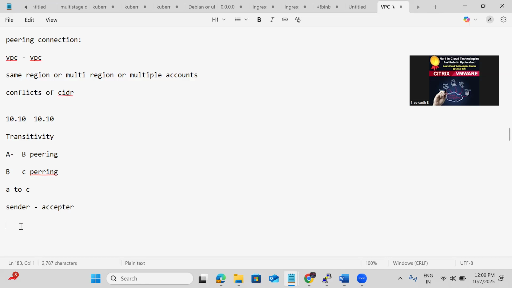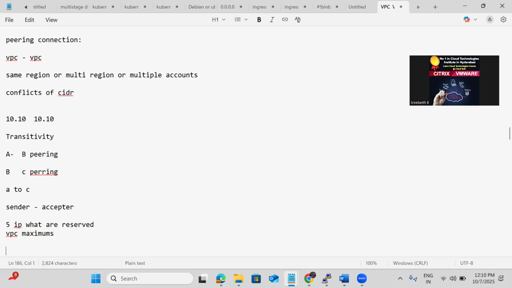Here we need to add that VPC peering, then the 5 reserved IPs and VPC maximums we'll discuss in the next session.